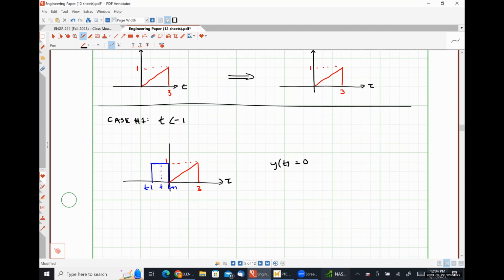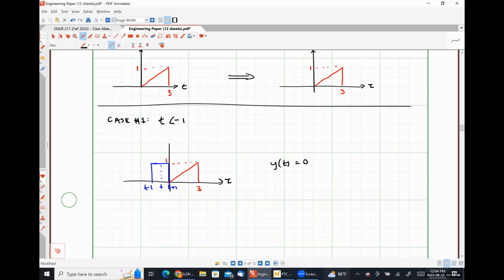So let's think about what our next case is going to be. I'm sliding this little rectangular pulse over to the right, and I want to stop my next case before t hits +1.